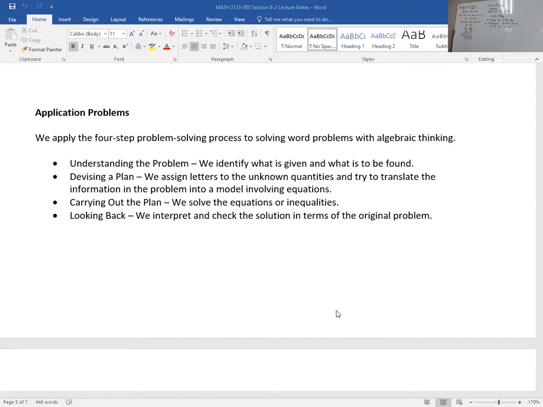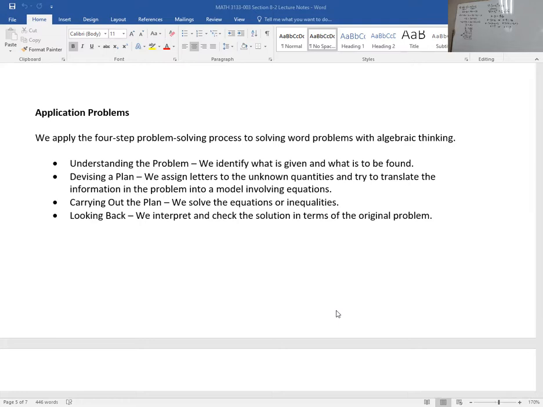I know in Math 1 because George Polya, who is a Hungarian mathematician, came up with that 4-step procedure for solving problems. One of the first steps is to understand the problem. That means we have to identify what is given and what is to be found. And then second, we need to devise a plan.